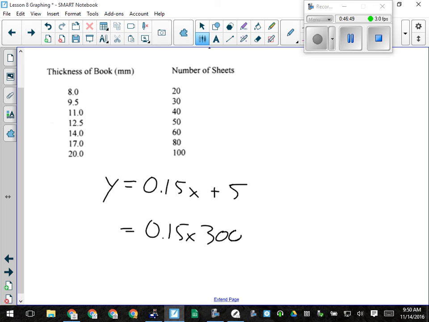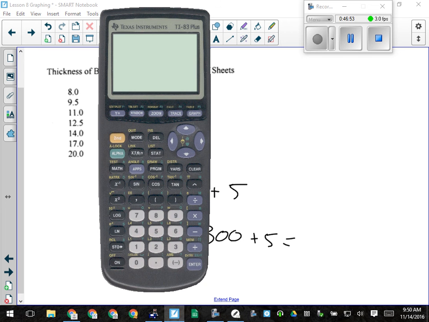So x was 300, plus 5. So 0.15 times 300 plus 5. All right, so it will be 50 millimeters thick. Everybody follow there? Yes, you would have to put 50 millimeters on that.